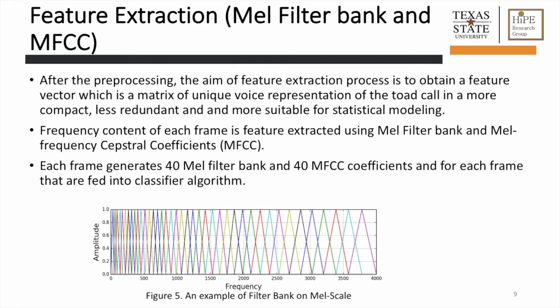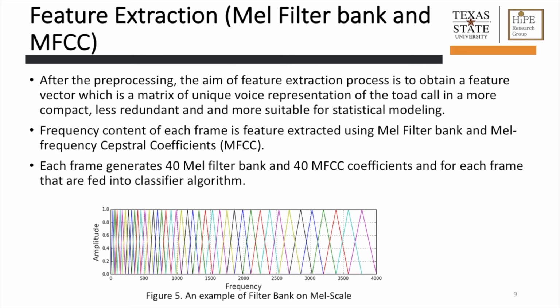When preprocessing is done, it is required to do feature extraction for better accuracy. The aim of feature extraction is to obtain a feature vector, which is a matrix of unique voice representation of the toad call in a more compact, less redundant form, more suitable for statistical modeling. Frequency content of each frame is feature extracted using two algorithms, Mel-Filterbank and Mel Frequency Cepstral Coefficient, called MFCC.